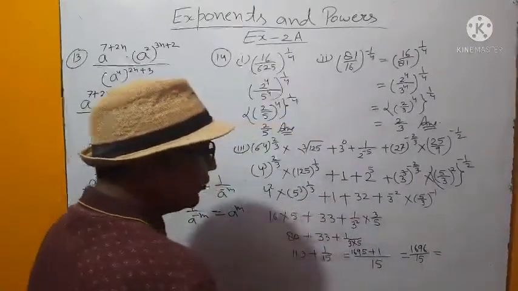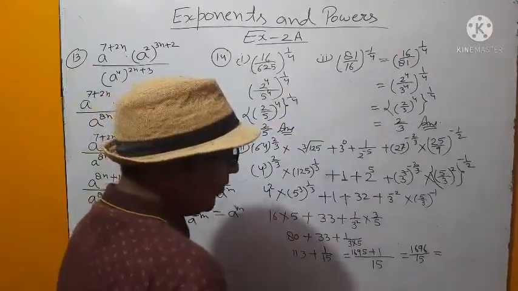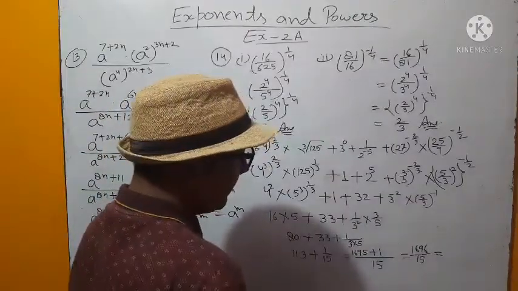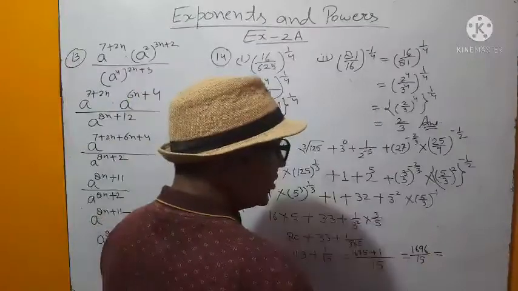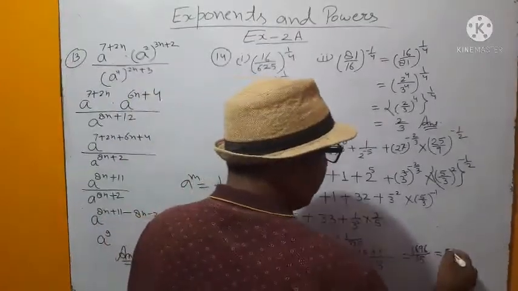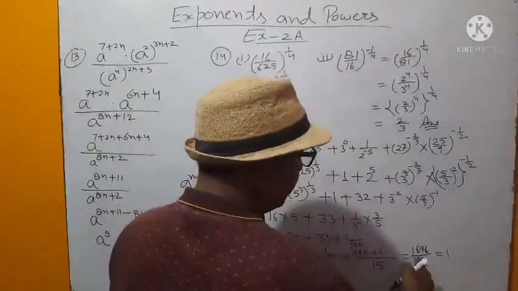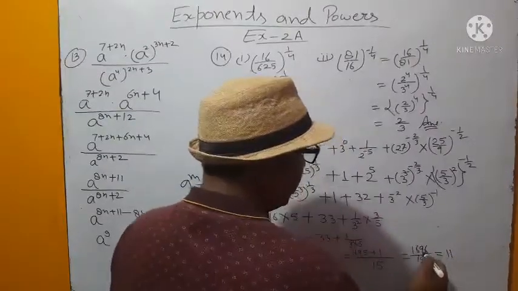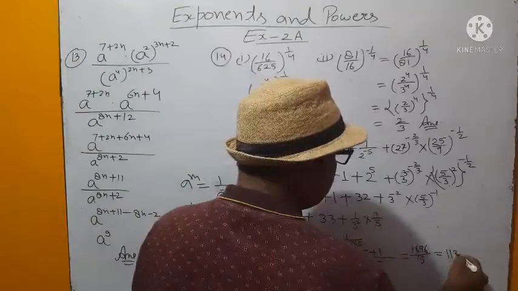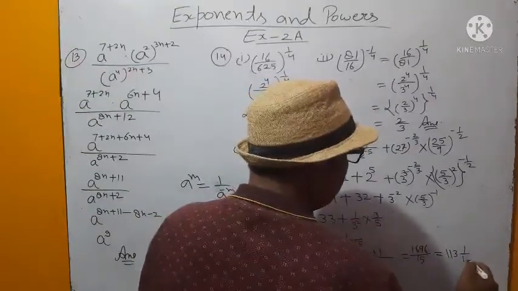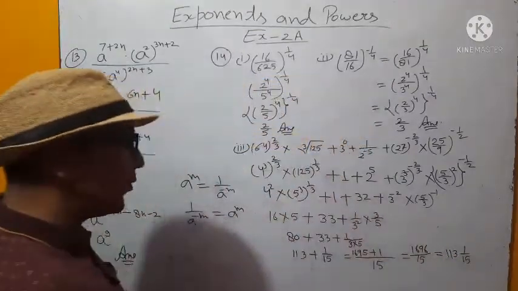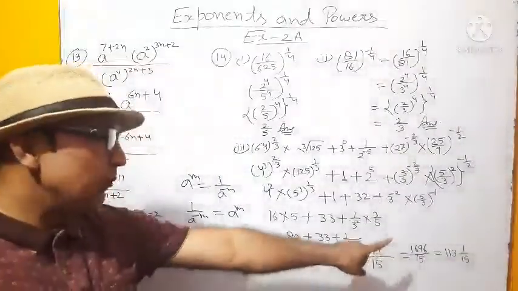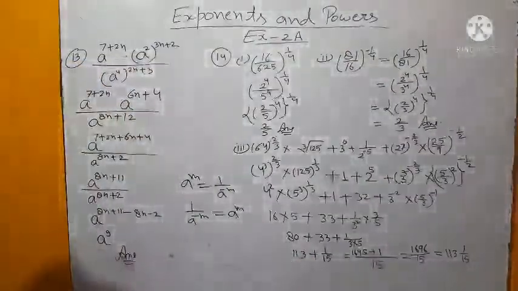Now convert it into simple form. Both the numbers are not divisible by any number, so you can convert it into a mixed fraction. 15 1s are 15, again 15 1s are 15, 15 3s are 45, 113 into 1 upon 15. From here you can write that directly also, but I have shown you how you will write it.